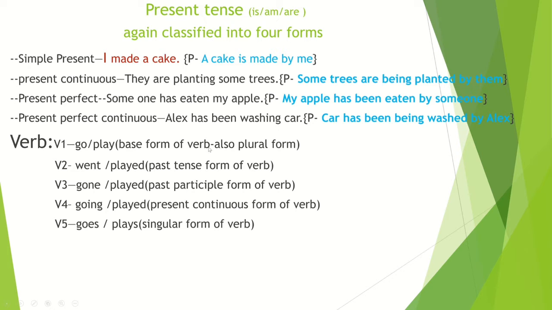We can also use this verb, the first form, in the plural form. Now, the second form of the verb is past tense. The past tense form of the verb is V2, that is go, went.